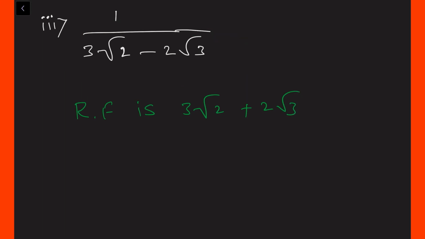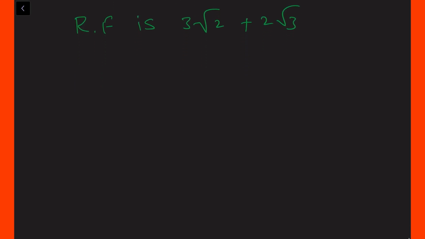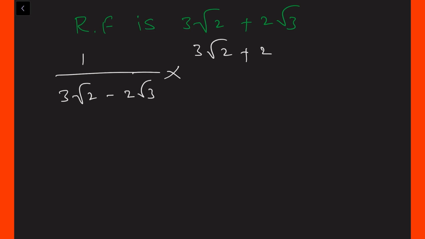So the given question we need to multiply and divide by 3 root 2 plus 2 root 3, divided by 3 root 2 plus 2 root 3.